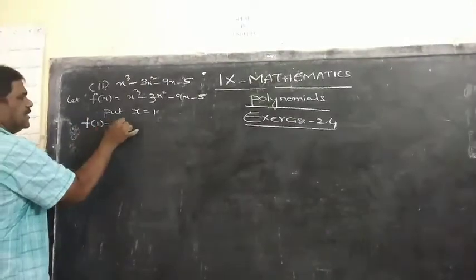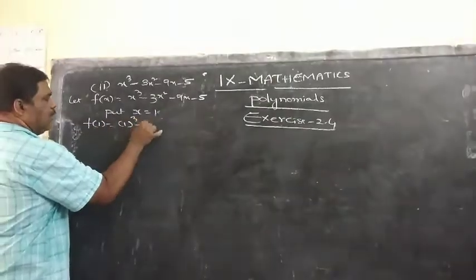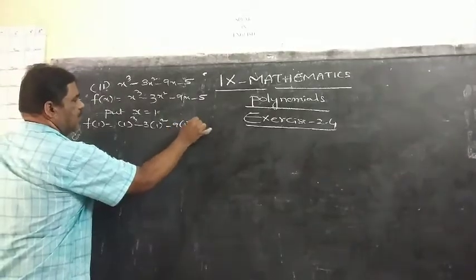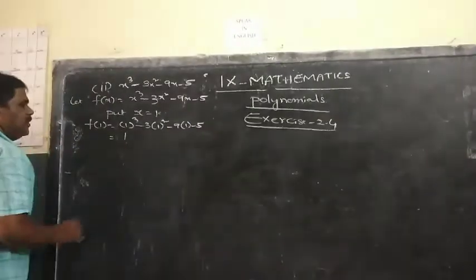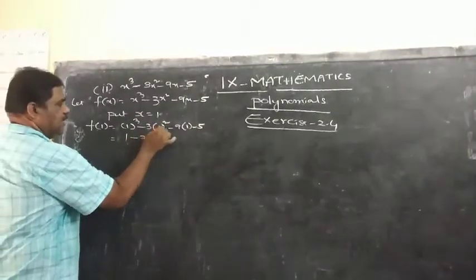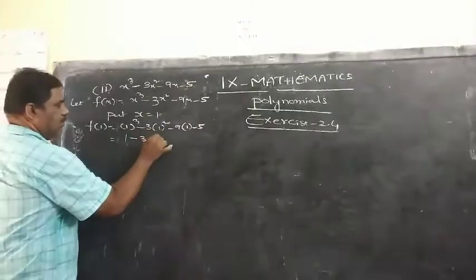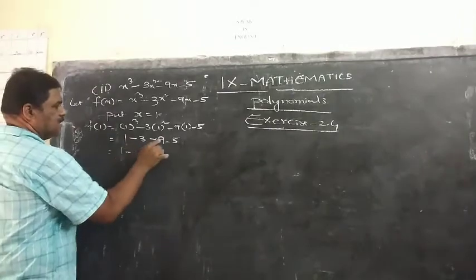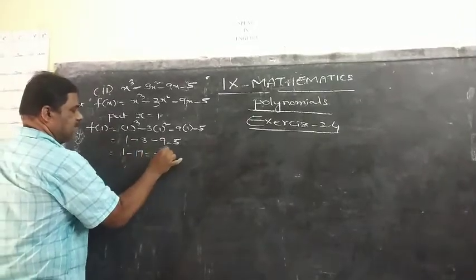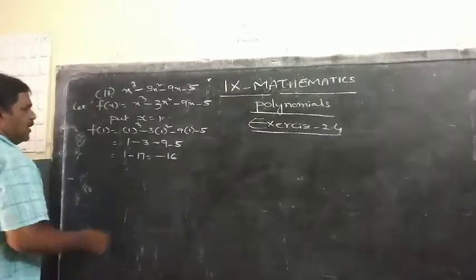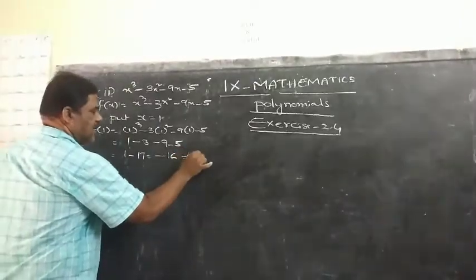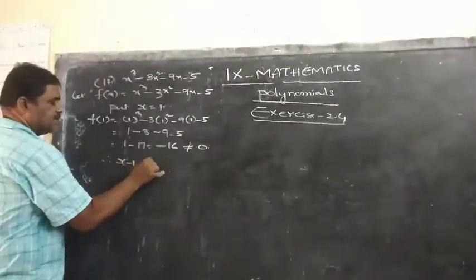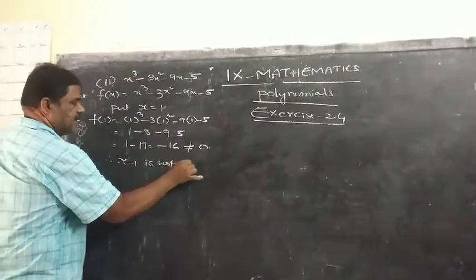F of 1 is equal to 1 cube minus 3 into 1 square minus 9 into 1 minus 5. 1 cube is 1, minus 3 into 1 square is 3, minus 9, minus 5. So 1 minus 17, that is minus 16. So minus 16 means it is not equal to 0. Therefore, we can conclude that x minus 1 is not a factor.